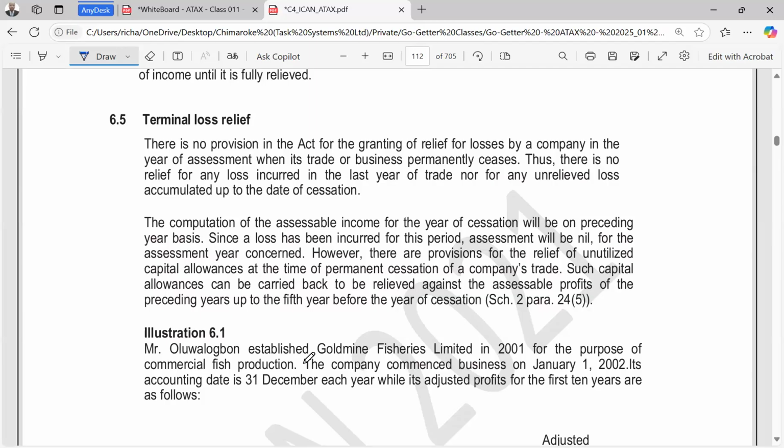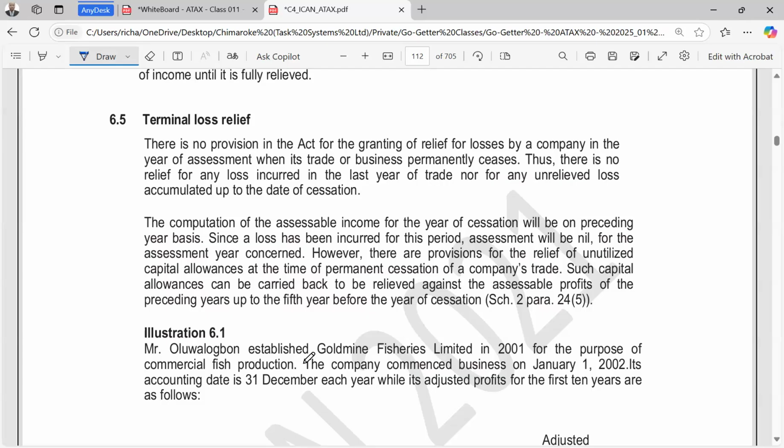Otherwise, if there is more losses accumulating up to the year of cessation, the loss it hits will not be compensated. It will be lost forever. And the attention will now shift to capital allowance. Capital allowance will be given 5 years backward. Go back 5 years and let's start relieving your capital allowance. If you cannot relieve the capital allowance for 5 years, then the unrelieved part is lost forever.